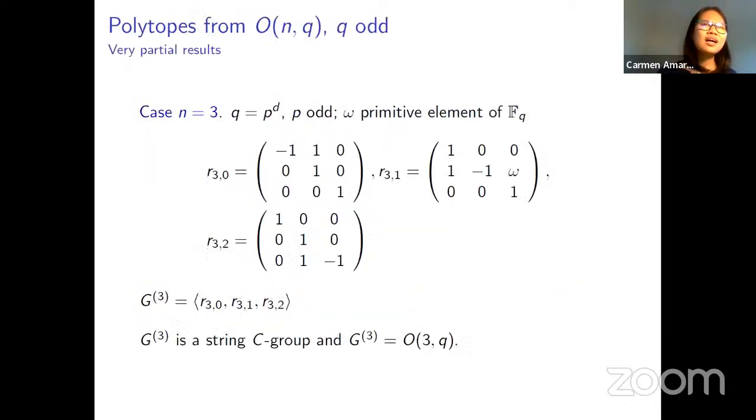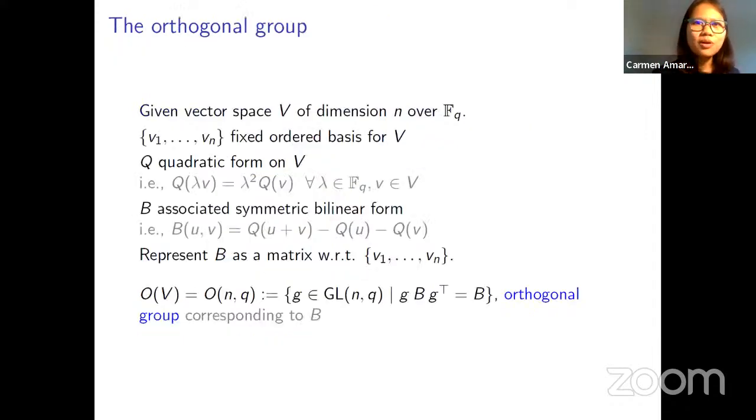Now, these are some of our partial results. So again, what is our goal? Our goal is to find generators of this orthogonal group O of n, Q, satisfying conditions C1 up to C3 in the definition of a string C group.